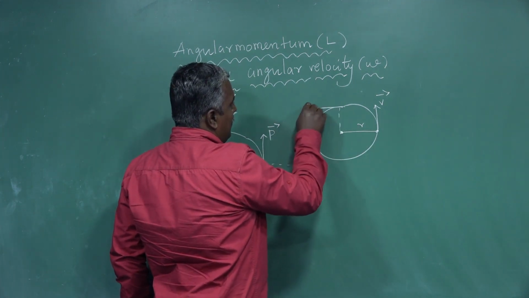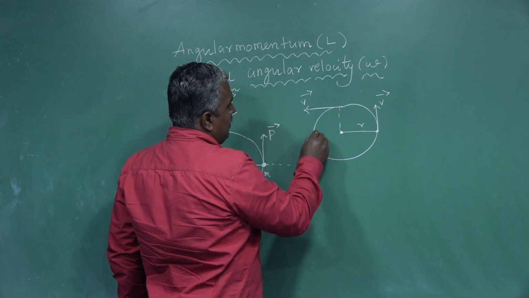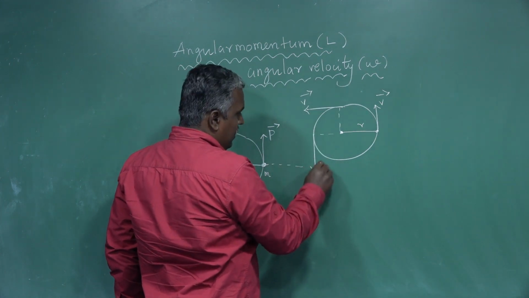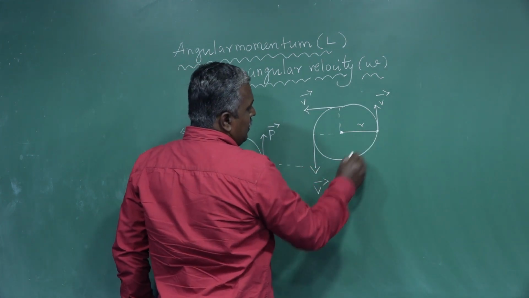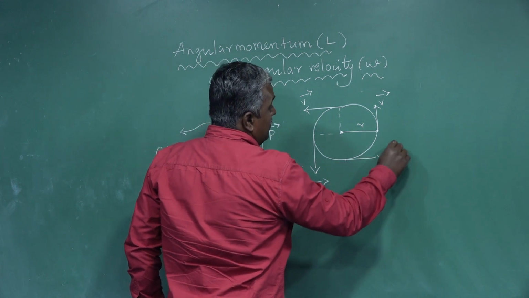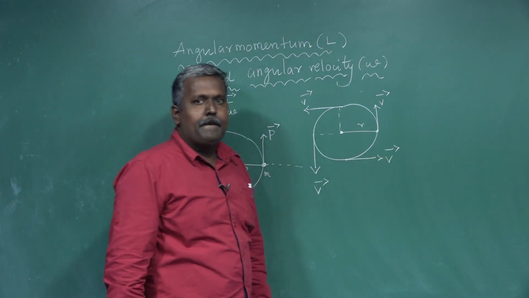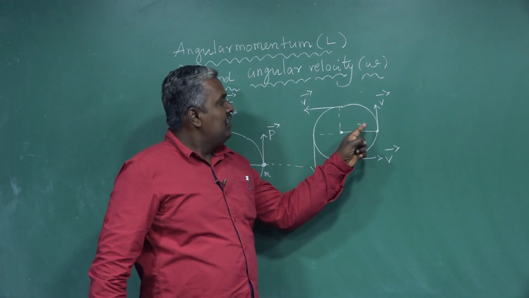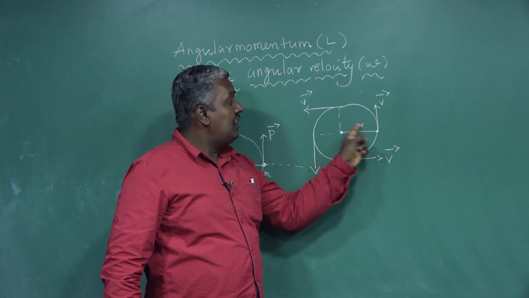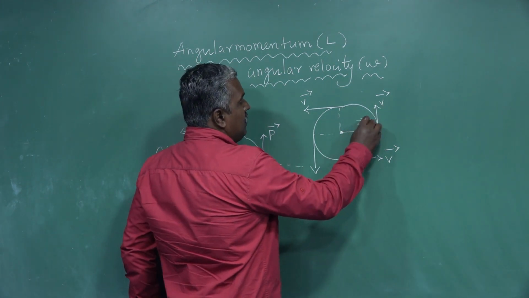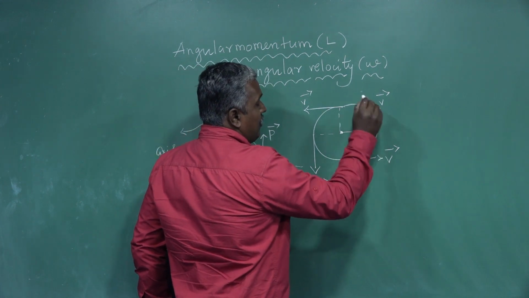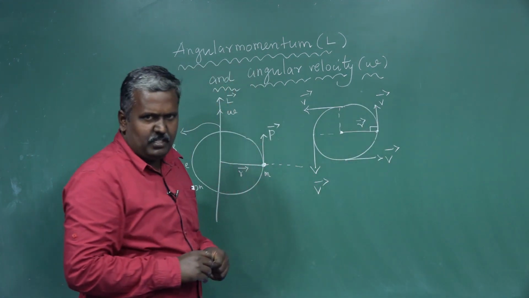At this point, like this, V vector. At this point, it will be like this, V vector. Then, what is the angle between V vector and R vector? What is R vector? Radius vector. Yes, very good. Perpendicular to each other.